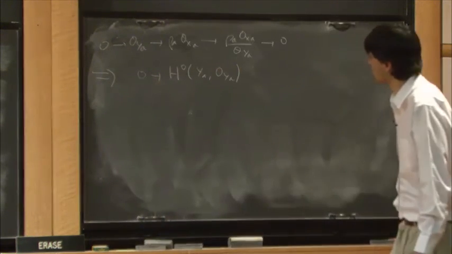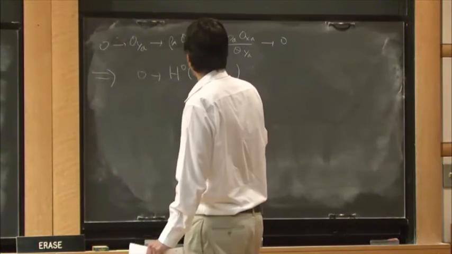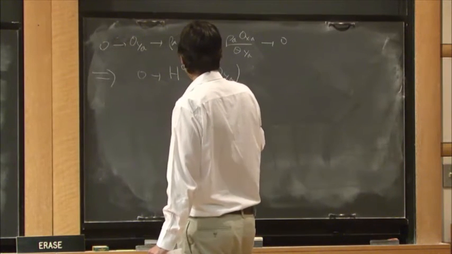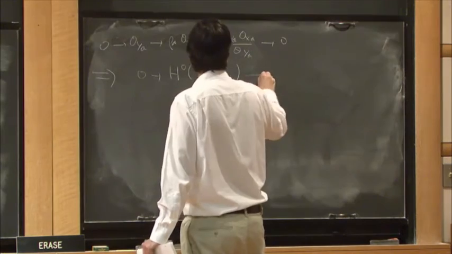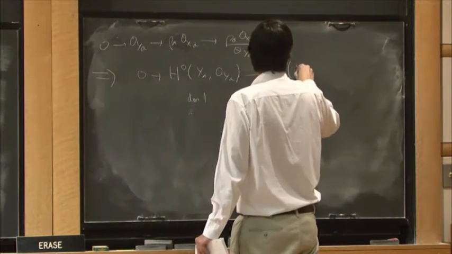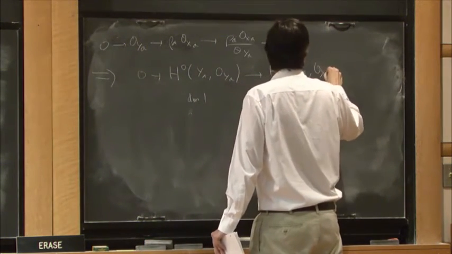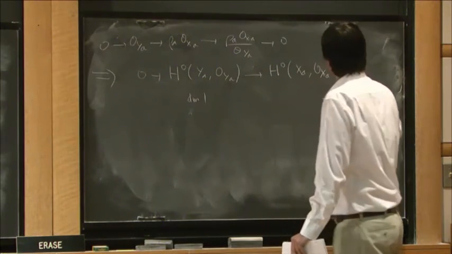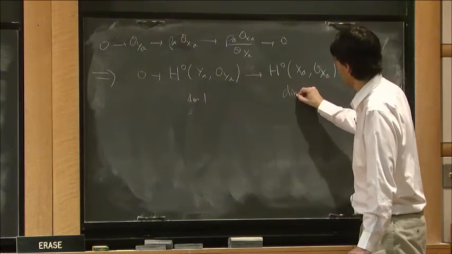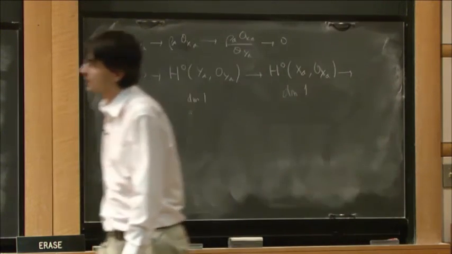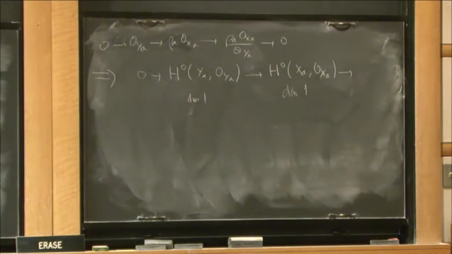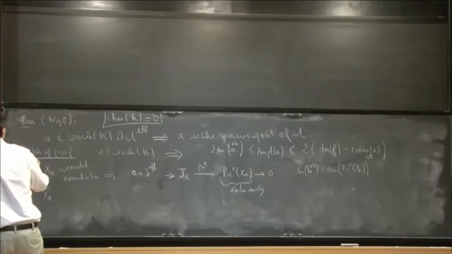You have the sections of the structural sheaf O_{Y_A}. This is of dimension 1. The same thing for X_A. This is of dimension 1. Here the curve is connected, because I assume it is elliptic.